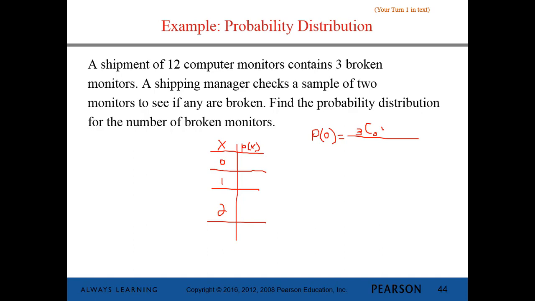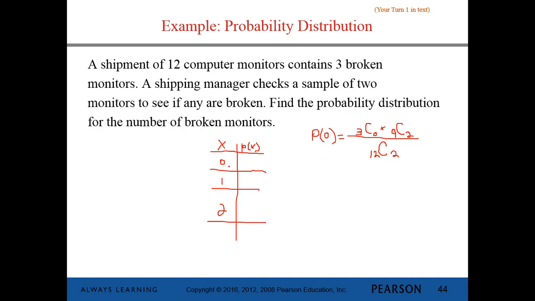Now, that leaves the rest of them that are not broken. How many of them are not broken? There are 9. And of the 9, how many do we want to choose? We want both of them, 2. We want the 2 monitors that we're choosing to not be broken. Now, how many different ways could I choose 2 monitors out of all of the 12 monitors? That's going to be 12 choose 2. And this is what's going to give us the correct answer.